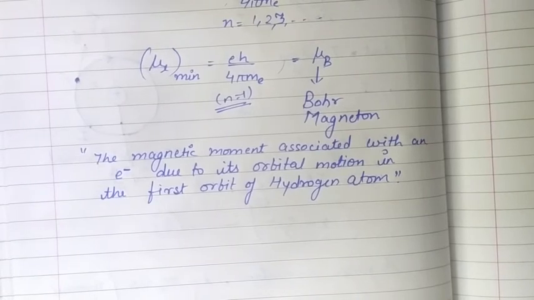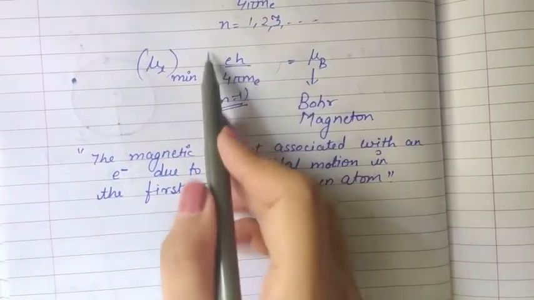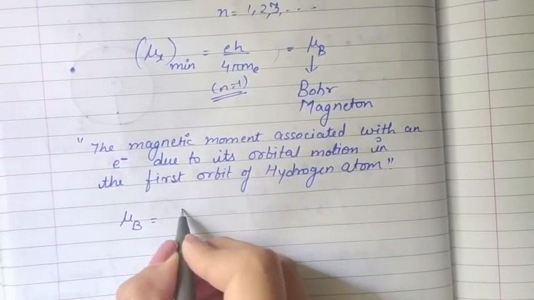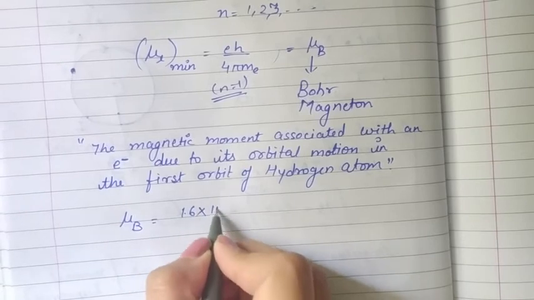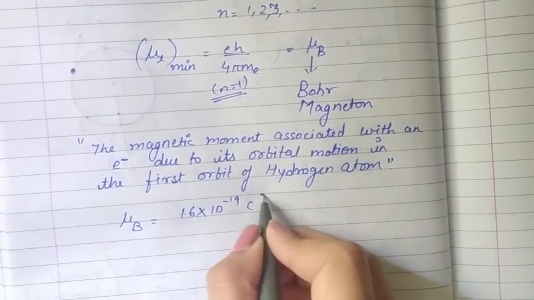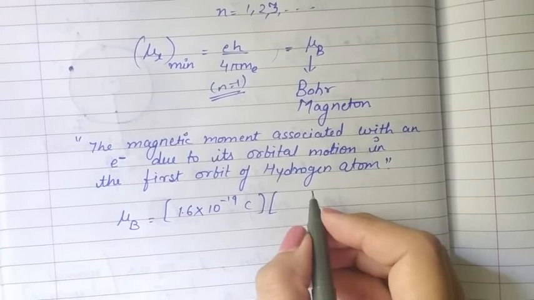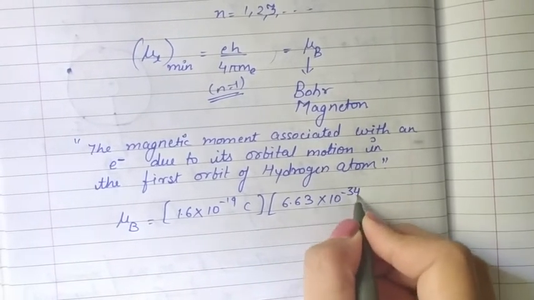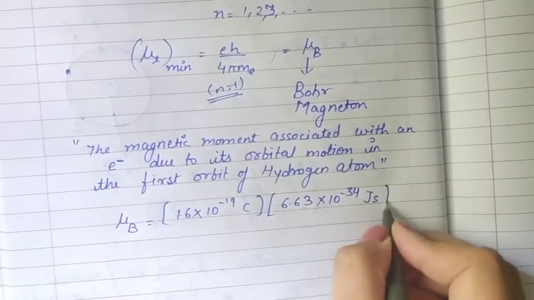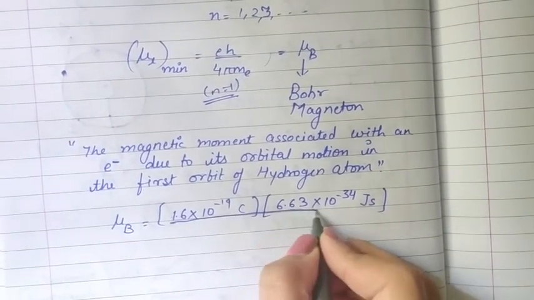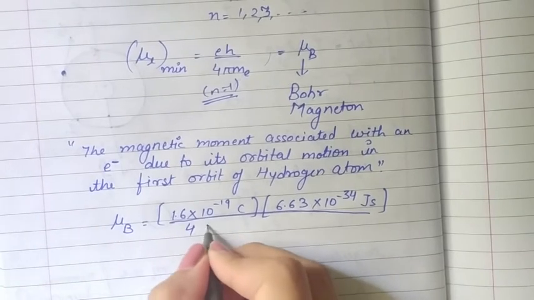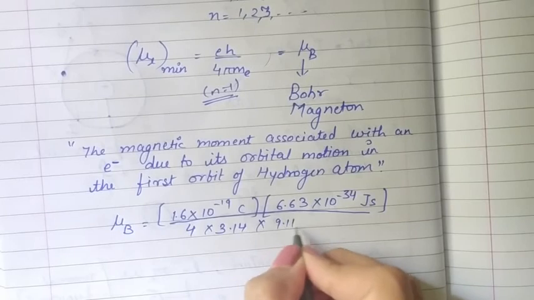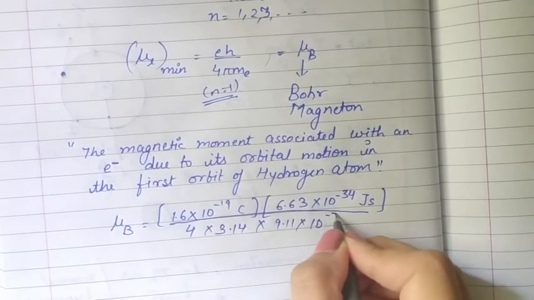We can also find the value of Bohr magneton, as all these values are constants. So by applying these values, e is 1.6 into 10 to the power minus 19 coulomb, and h is Planck's constant, that is 6.63 into 10 to the power minus 34 joule second, upon 4 pi, where pi is 3.14, and mass of electron is 9.11 into 10 to the power minus 31 kilograms.